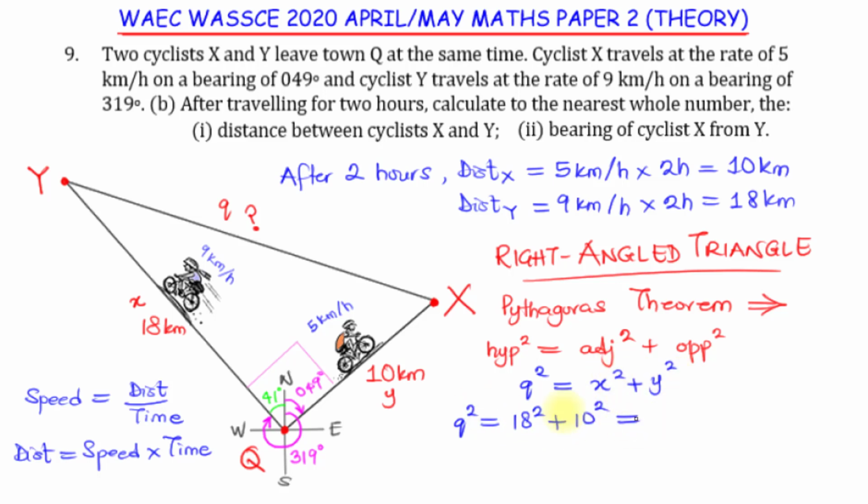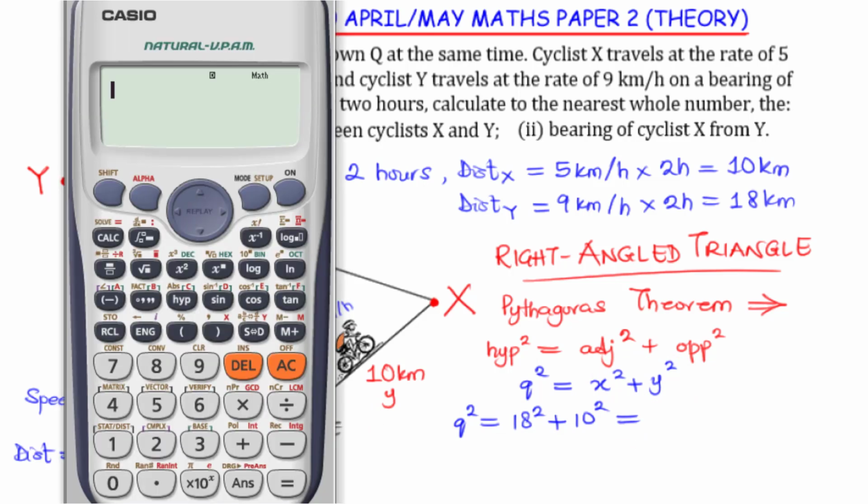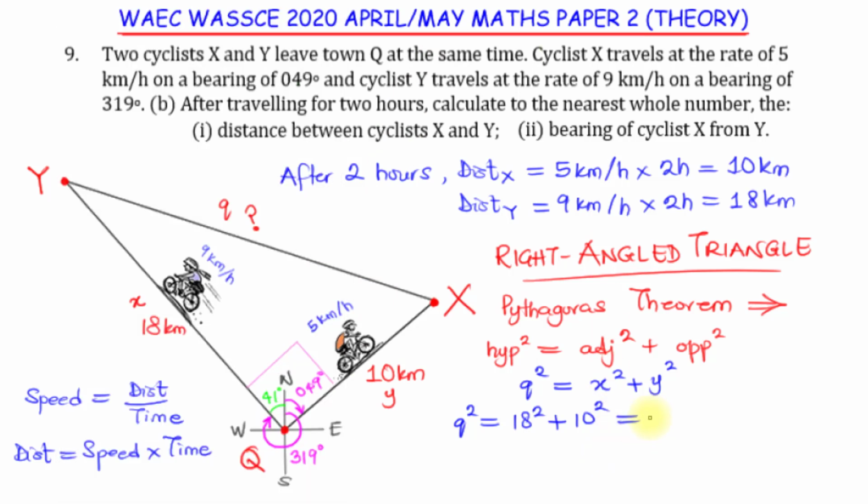And if we want to bring in our calculator to solve that, 18 raised to power 2 is what? That's 324. So this is 324 plus 10 raised to power 2 is 100. So 324 plus 100 is 424, such that this is q raised to power 2.